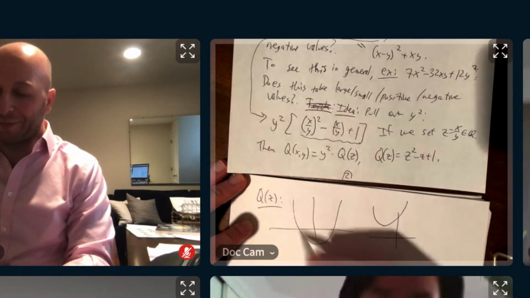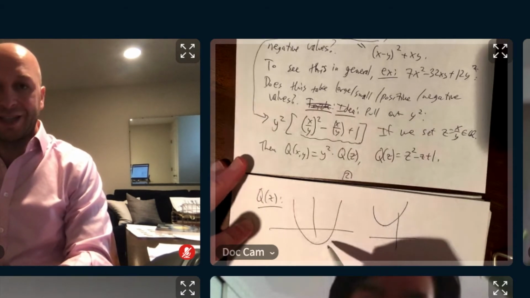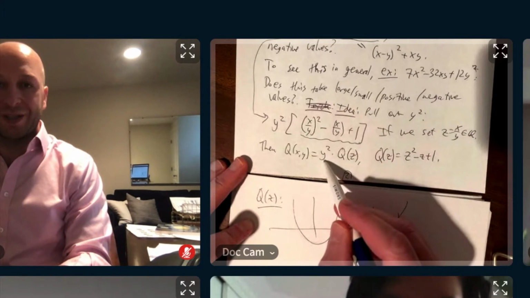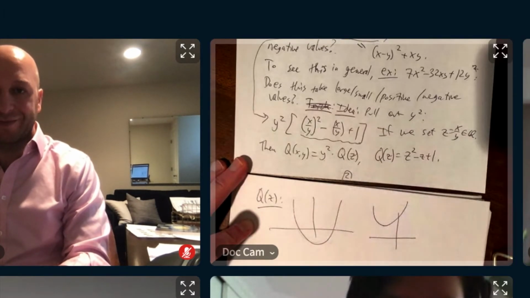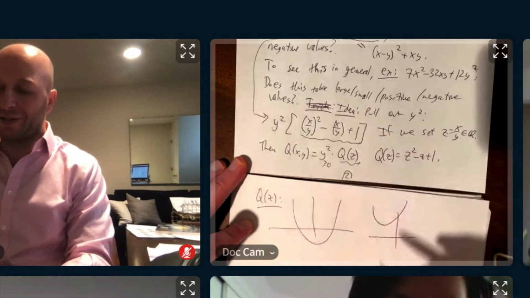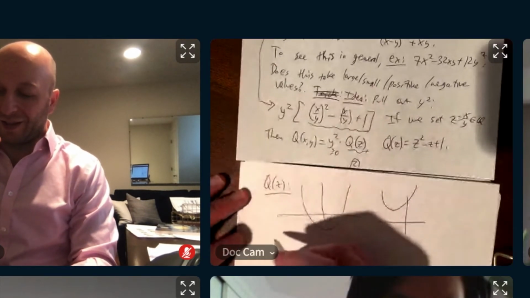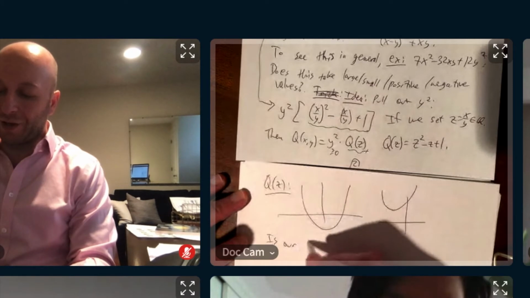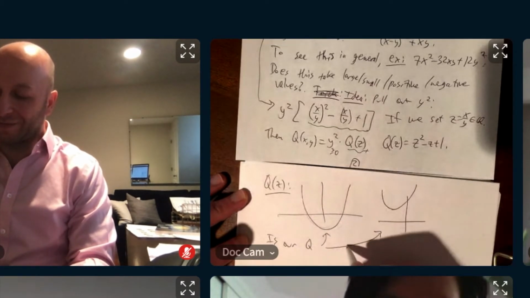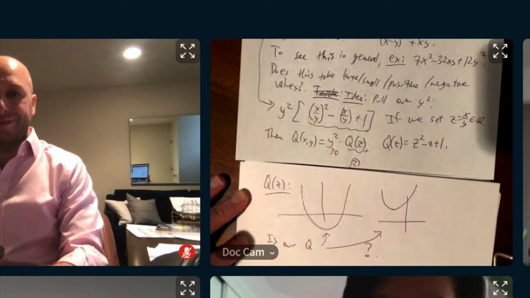This would mean it takes both positive and negative values. And those negative values can become very large if it's multiplied by a large square. This is always non-negative. And so the question is, which is it? Is our q this or this? How do you tell?